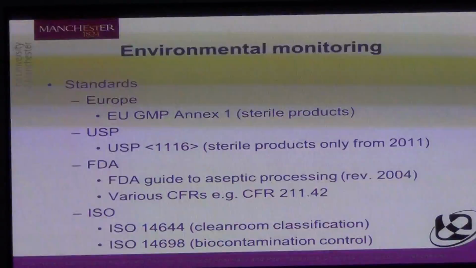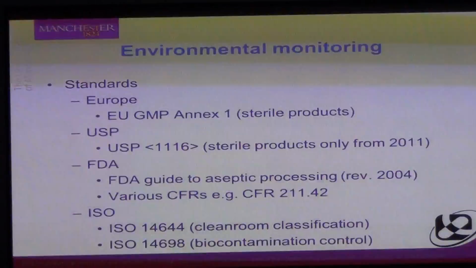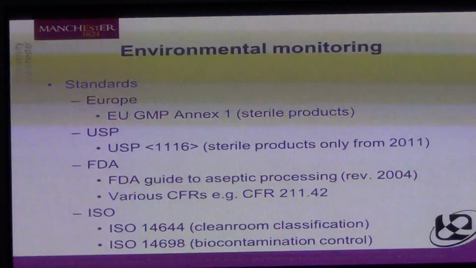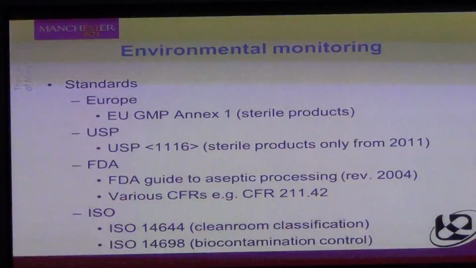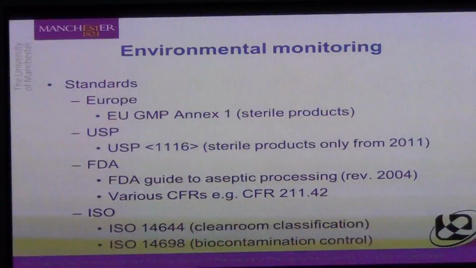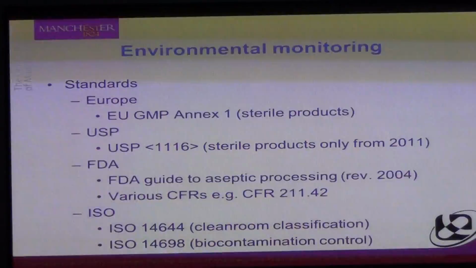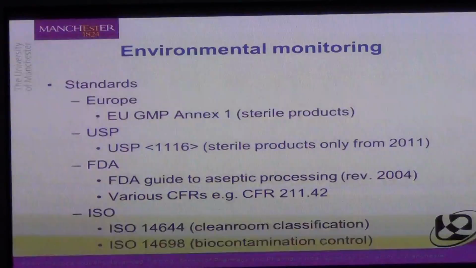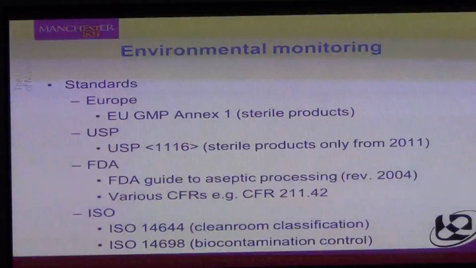Then there's the USP, Chapter 1116, which in 2011 changed to a chapter that's now only involved with the manufacture of sterile products. Then there's the FDA Guide to Aseptic Processing, which was last revised in 2004, and again only really deals with sterile products.